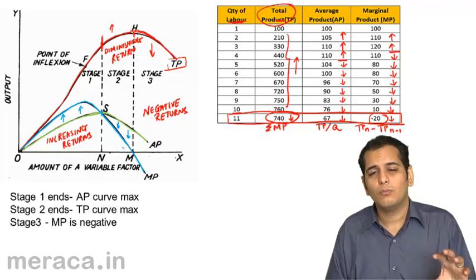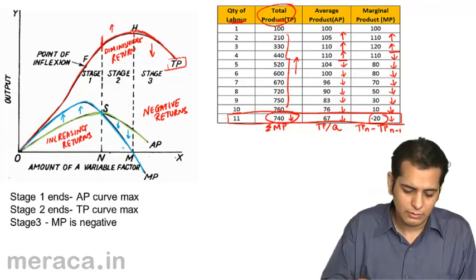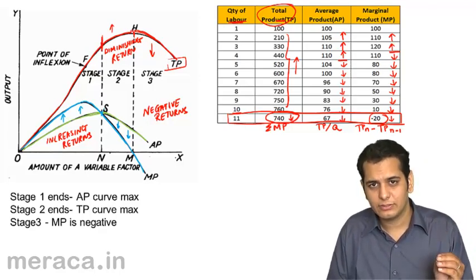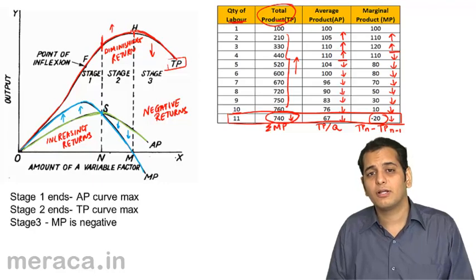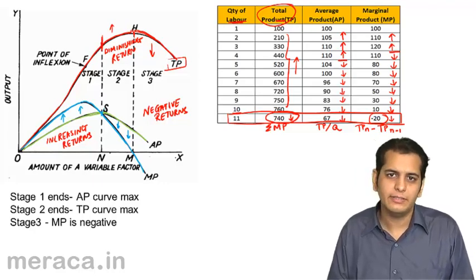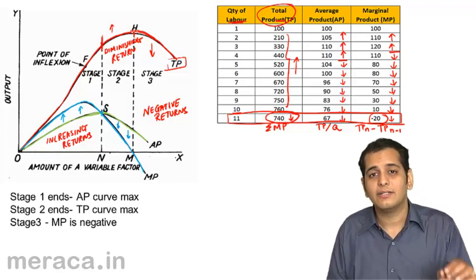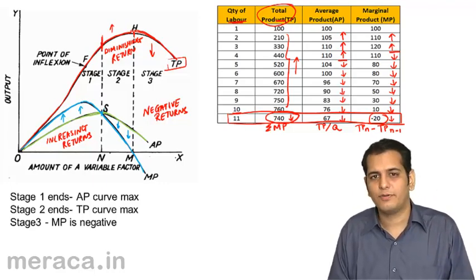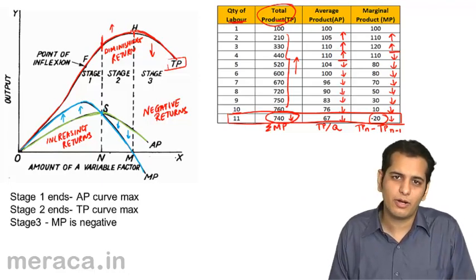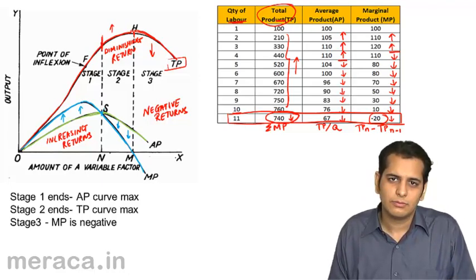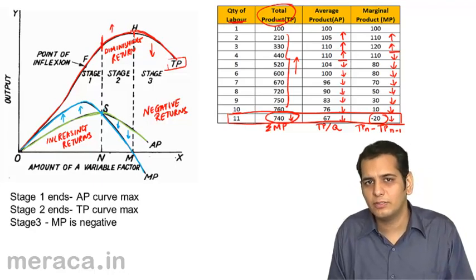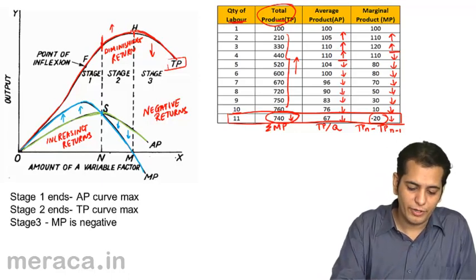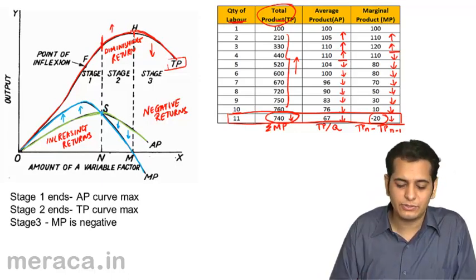Now what is relevant here is the point S. You can see at the point S, the marginal product curve is intersecting or cutting the average product curve, and this is where our first stage ends. Our first stage started with zero production. We went on increasing the amount of labor. Our production started to increase, and at point S, our first stage ends.